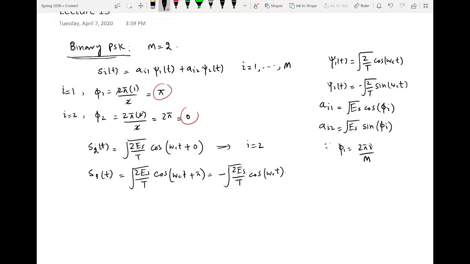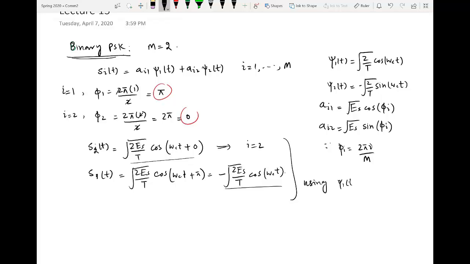So you see, there is only the difference of plus and minus. If you compare these two, there is only a difference of plus and minus in case of binary phase shift keying. Due to this reason, you can always say that instead of using two basis functions for binary phase shift keying or BPSK, you only require a single basis function, which is psi1 of t. So both of these can be represented by using only one basis function.